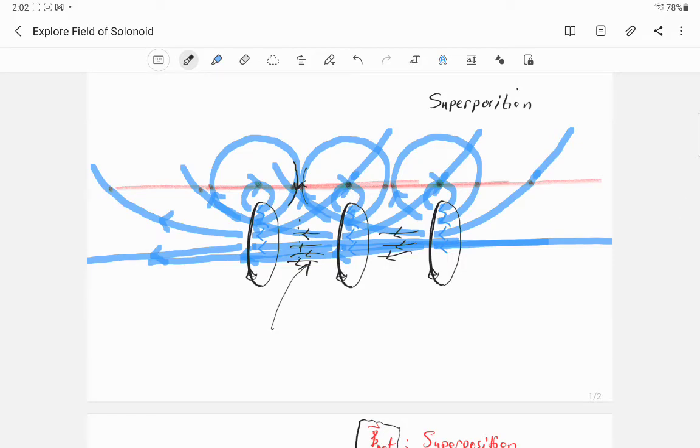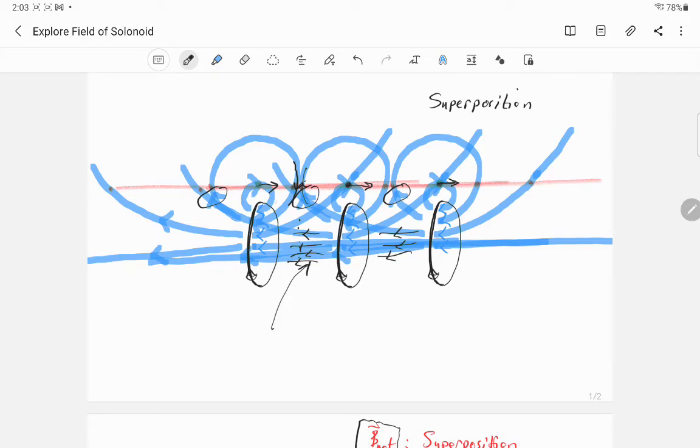Also, you can see that there are places where the field is going to be added towards the right. These places here, right? But the interesting thing is look at how much other field there is that points towards the left. Do you see all that leftward field?